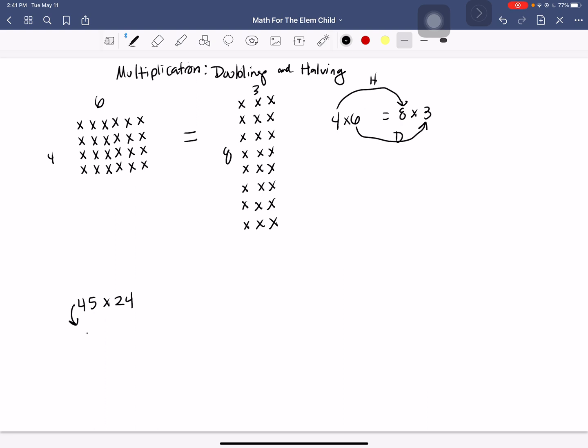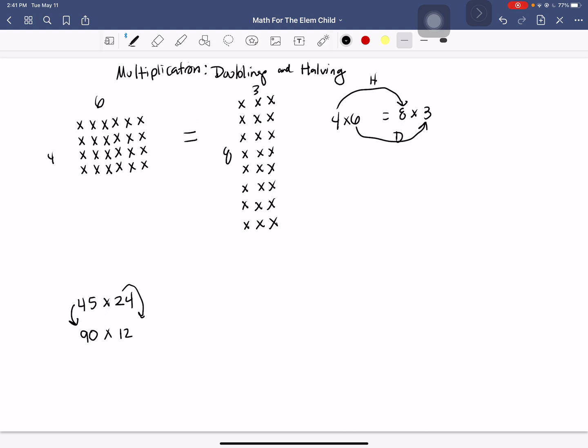So if we double it, we would get 90. And we can reduce the 24 to get 12. So now we have 90 times 12. And we can keep reducing it until we can't reduce it anymore. If we were to reduce the 90, we would just end up again with the same problem, 45 times 24.